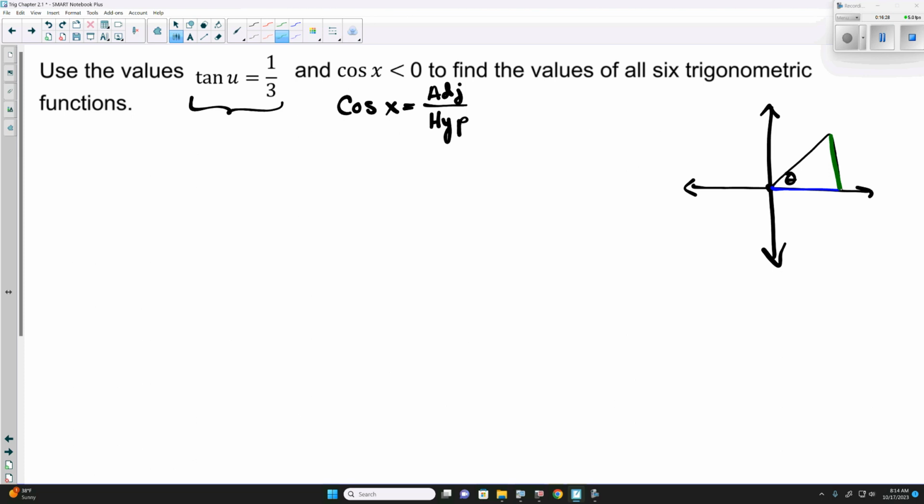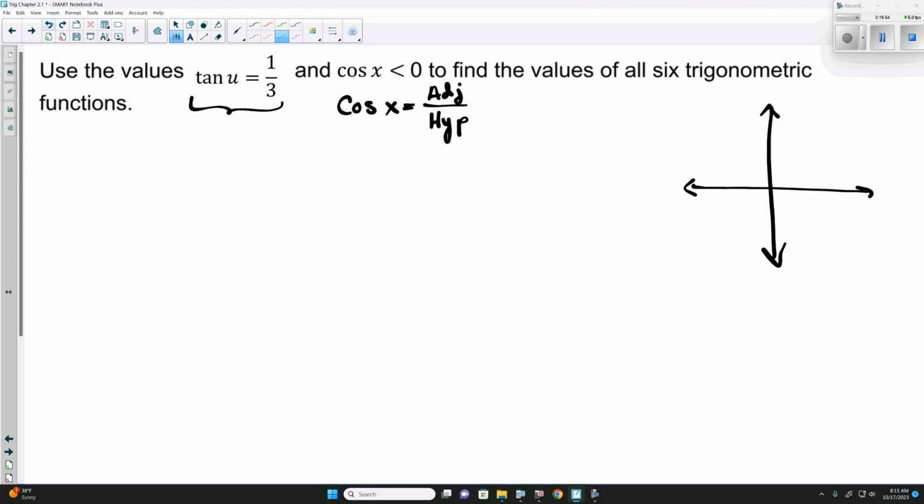Would it be the blue or green? One more time. Blue. Because adjacent would be next to it, so next to this angle here would be our blue. And it works out that cosine is actually kind of our x.